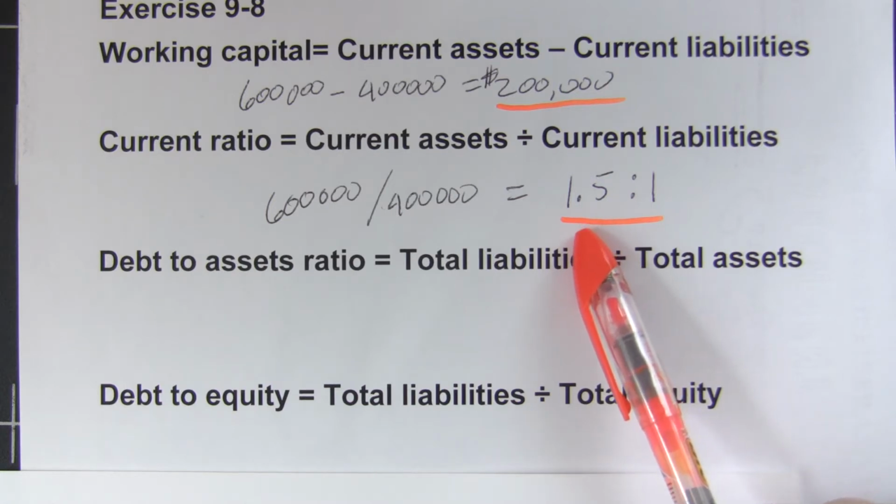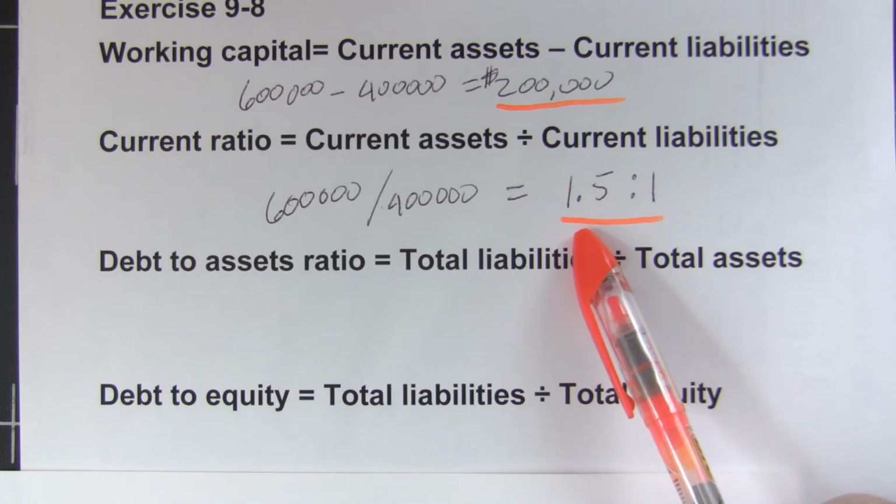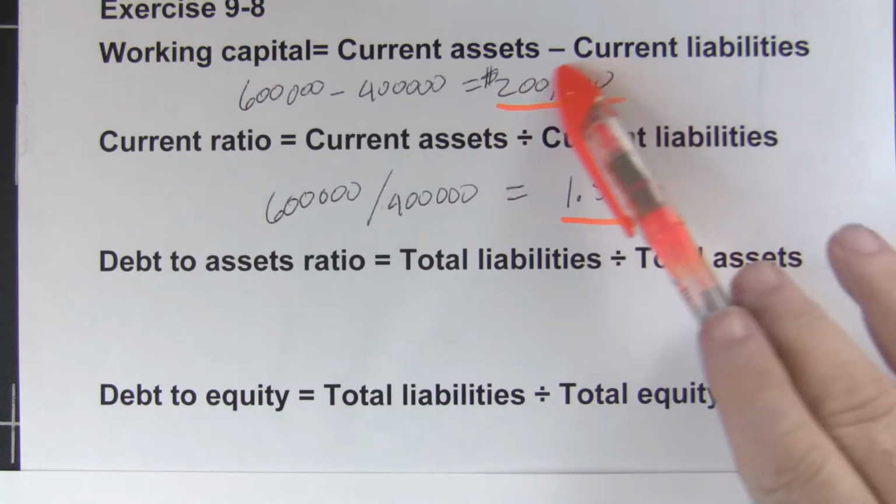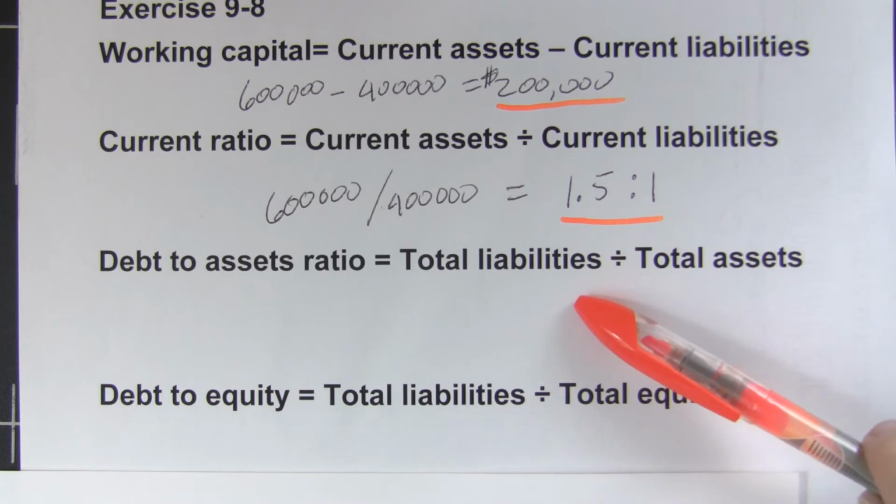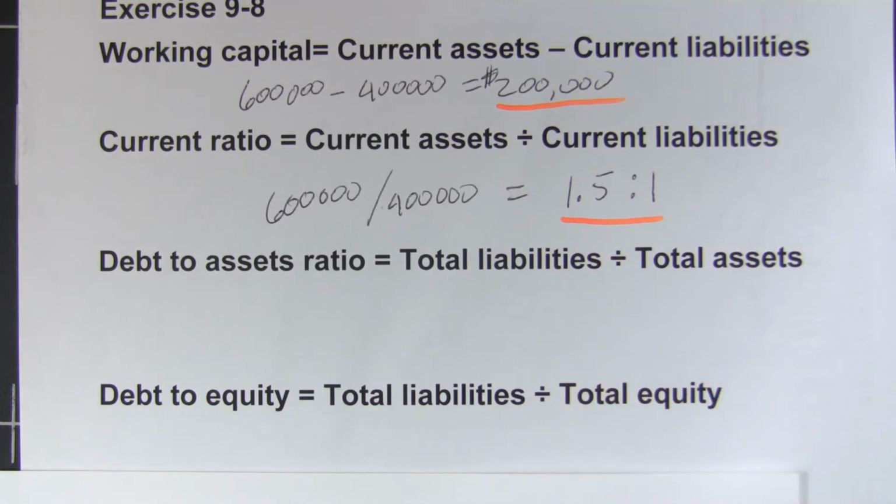Maybe you should have some investments. Maybe you should expand your operations. So both of these are numbers that let you know how much freedom you have to take a look at other opportunities, how close you're living to the edge, so to speak.